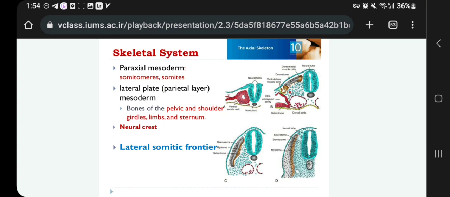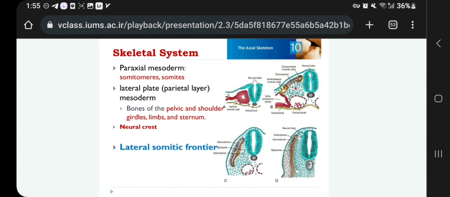The sclerotome, the ventral part, at first converts to mesenchyme. What is mesenchyme? It is the embryonic connective tissue of the embryo.